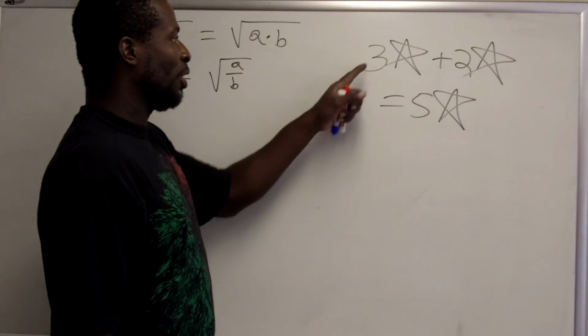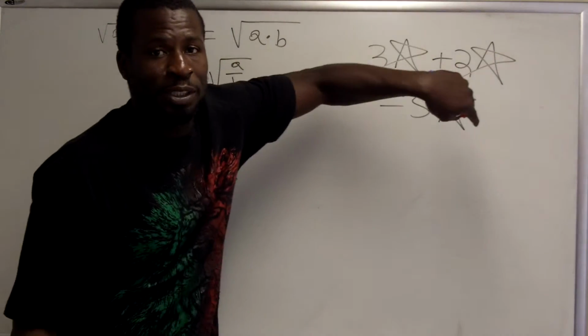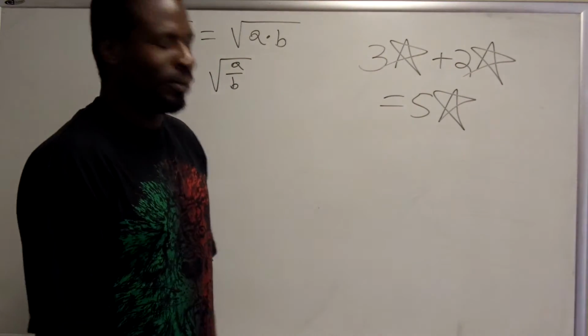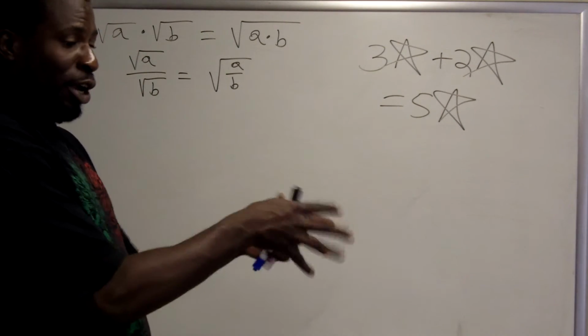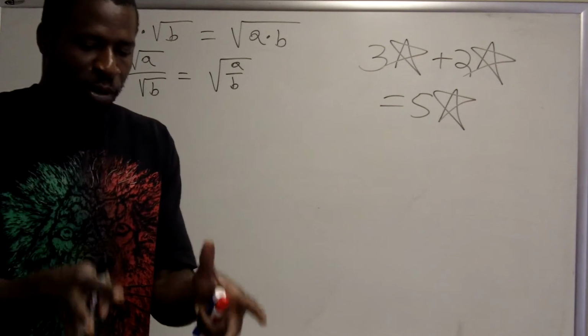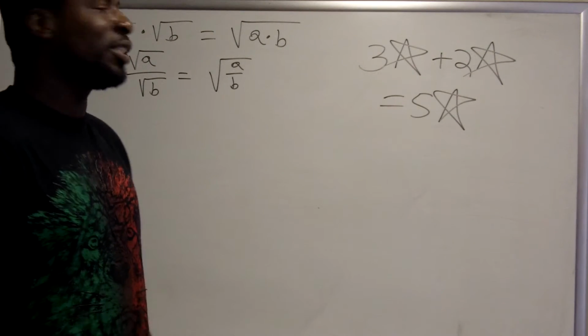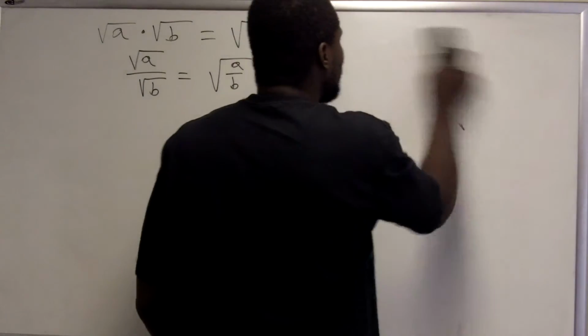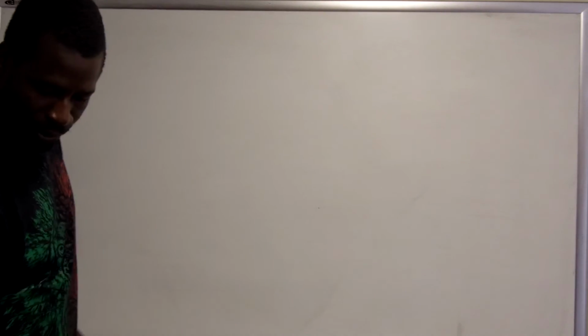As long as you have a number in front of an image and another number in front of the same image, you can count those images. That's what combining like anything means. It means you have a certain number of one thing here and a certain number of the exact same things over here, and you're going to combine the number of those things together. Alright, so let's get started here. Those are the tools that we're going to use.